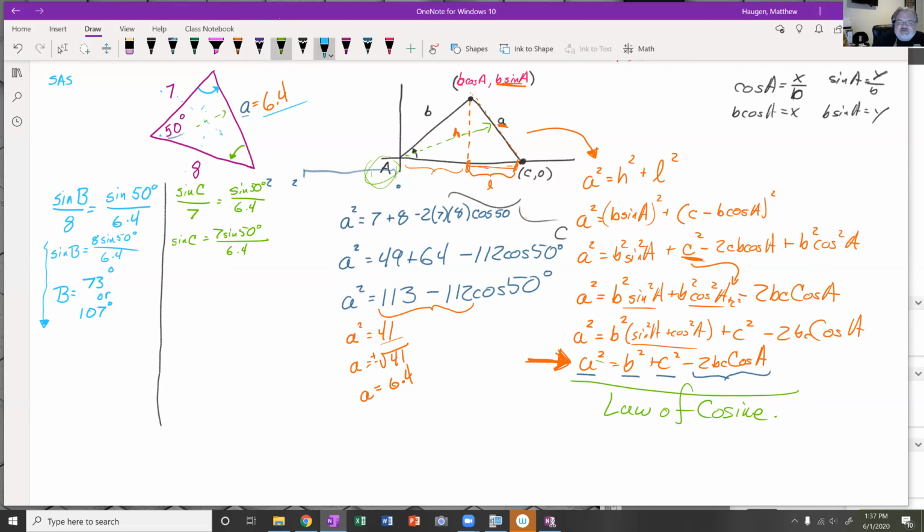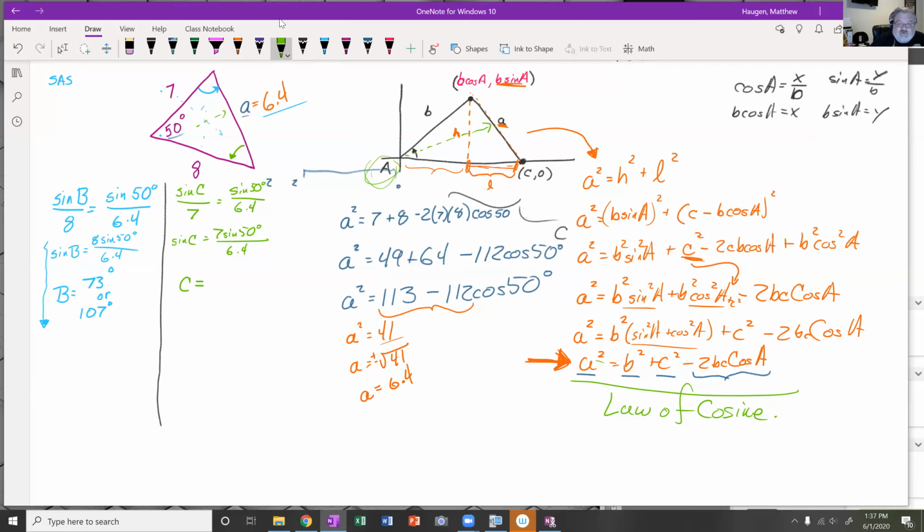By contrast, the green one, if we solve for C, how many answers are we going to get when we use the sine inverse there? How many answers do we always get when we use a sine inverse?